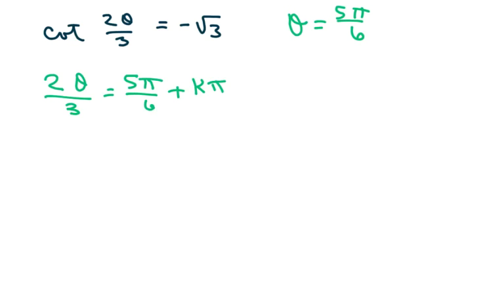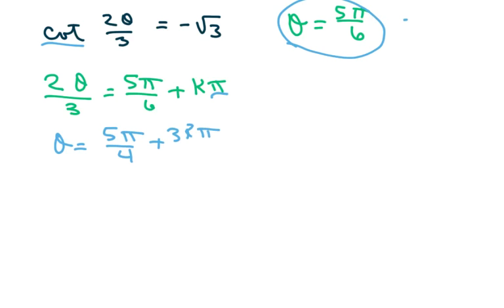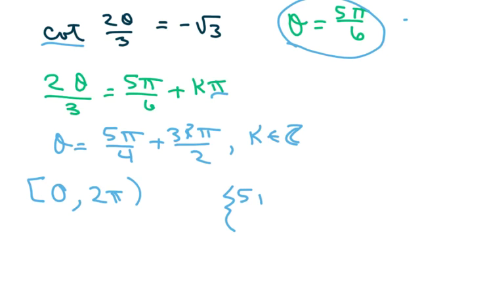Now, you don't have to write all the angles here, because remember, for cotan, the period is already just pi, so it captures the other one. Now, solving for theta, you're going to get 5 pi over 4 plus 3k pi over 2, where k is any integer. On the interval from 0 to 2 pi, we only have one solution, which is 5 pi over 4. Everything else is going to be too big.